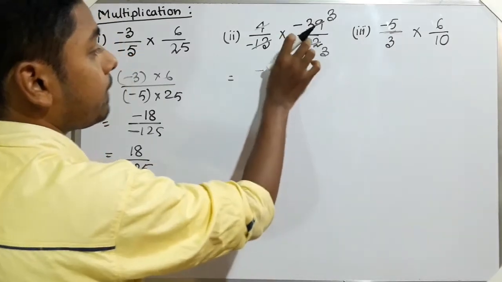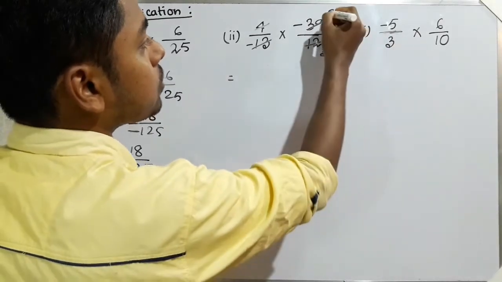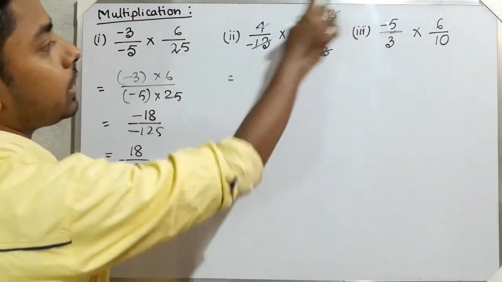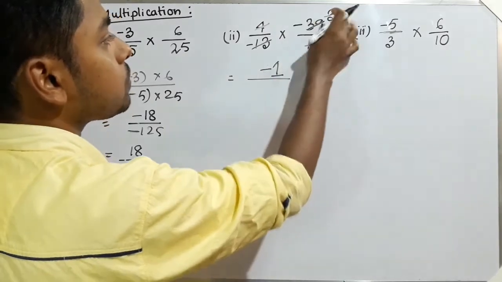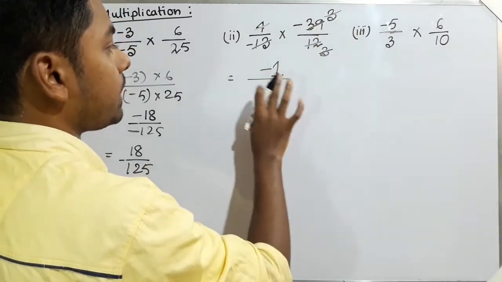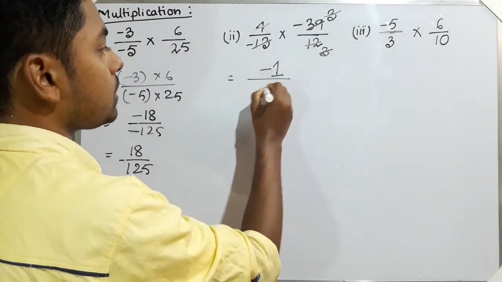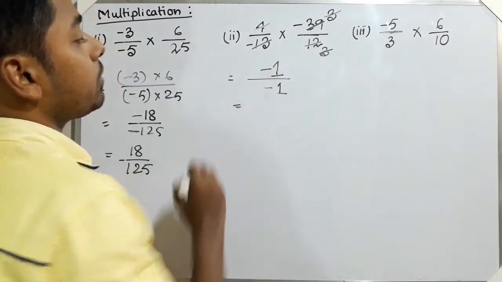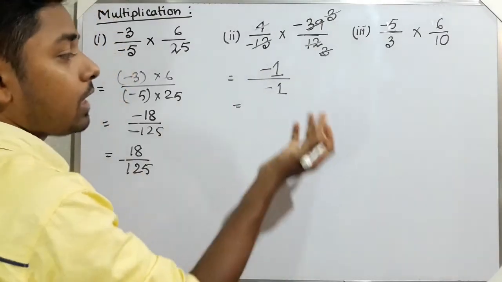Oh wait, here 3 and 3 also can be cut. So 3 and 3 cut, so on top it will be only minus 1. Here minus 1, here 1, so minus 1 into 1 is minus 1. Here minus 1 and here 1, so minus 1 into 1 is also minus 1. Now the minus will be removed.